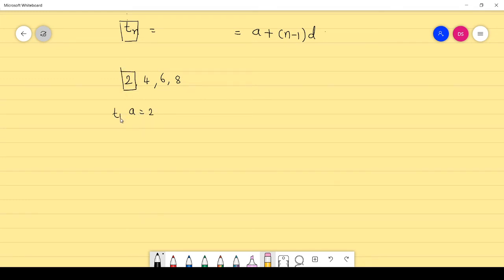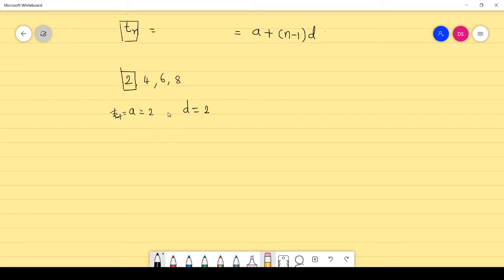Then the common difference: 4 minus 2 is 2, 6 minus 2 is 4, 8 minus 2 is 6. So the common difference d will be 2. Common difference here we have 2, right?